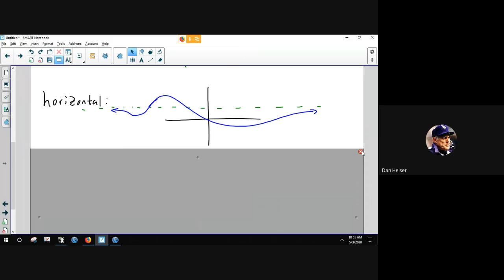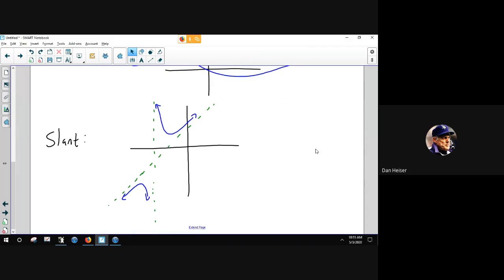Last but not least is one you've probably never seen before, the slant asymptote. Think of this as a vertical. A slant is not crossed. It's like a vertical asymptote that's been tipped on its side or tilted a little bit.